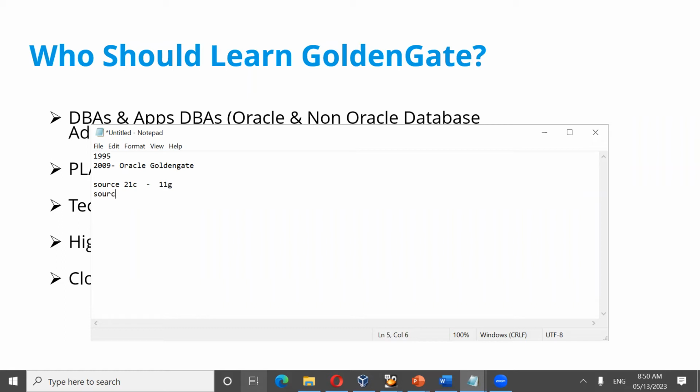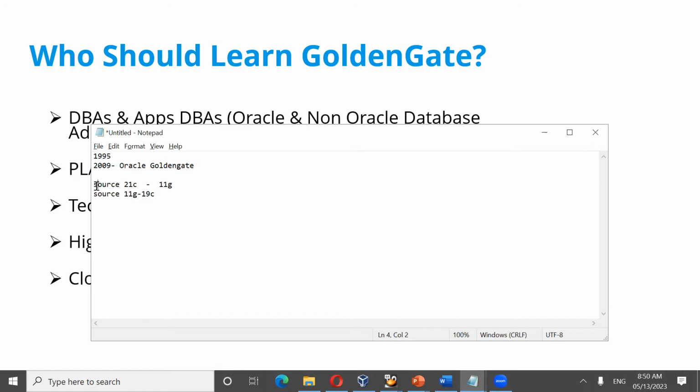Your source can be 11G, target can be 19C or 21C. GoldenGate can replicate the data. So either your database version and GoldenGate version both can be same or different here.